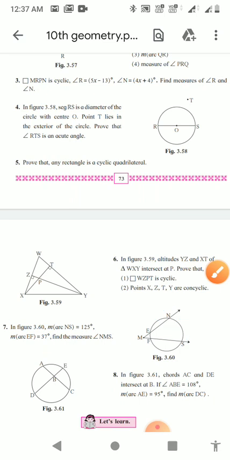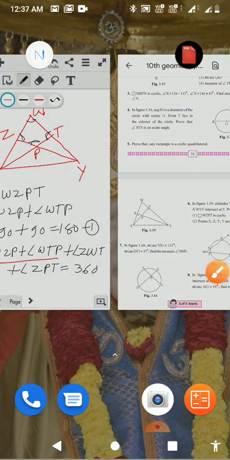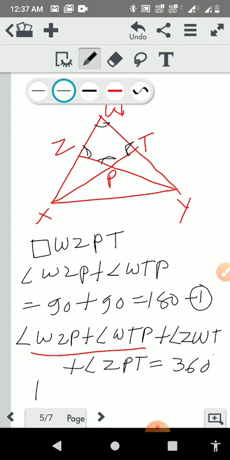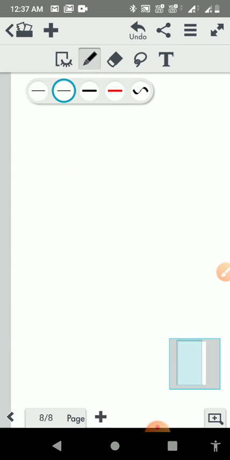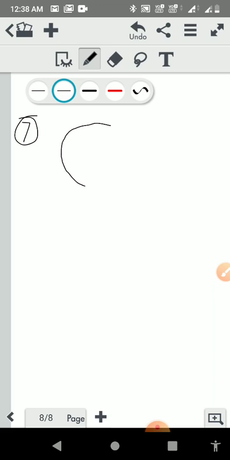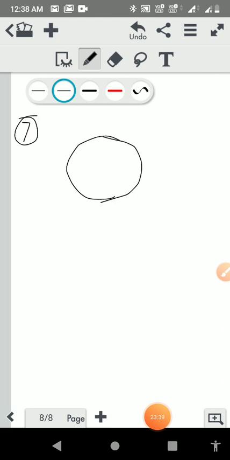Okay, got it? So for this we will use this diagram again, on the next page here. This is your question number 7. Okay, so a circle is drawn here and point M is the exterior point of the circle.